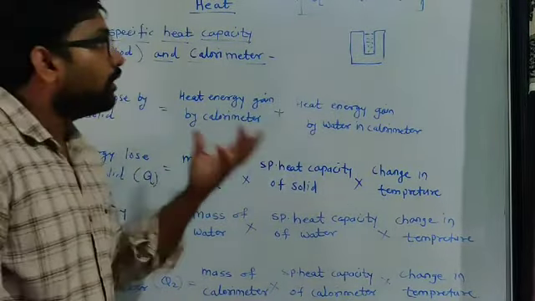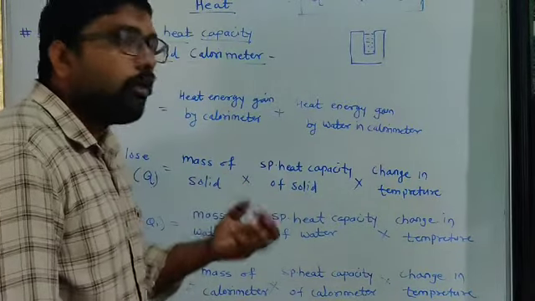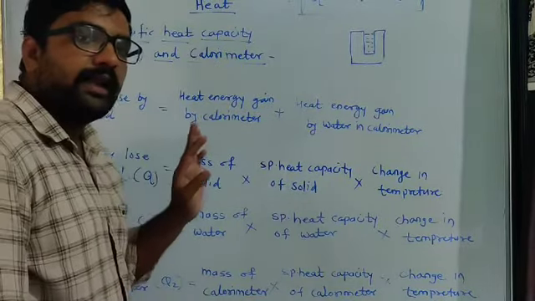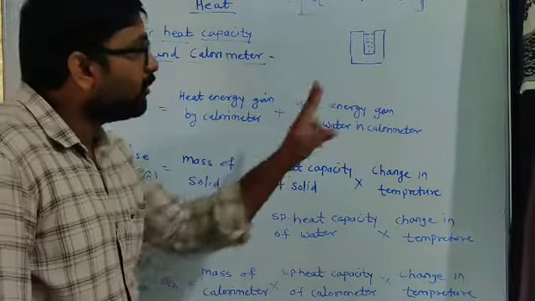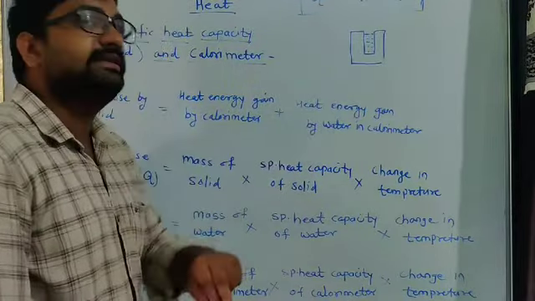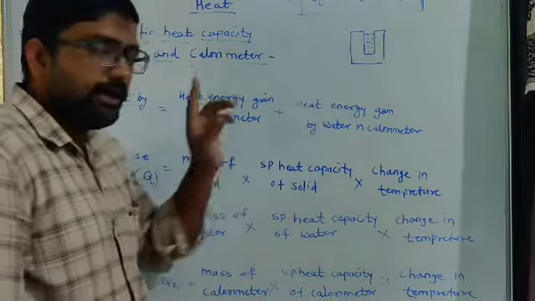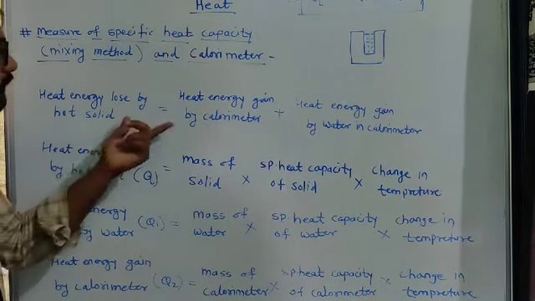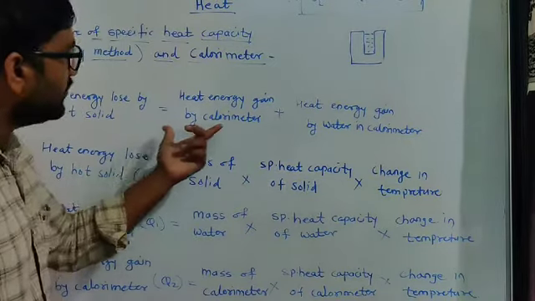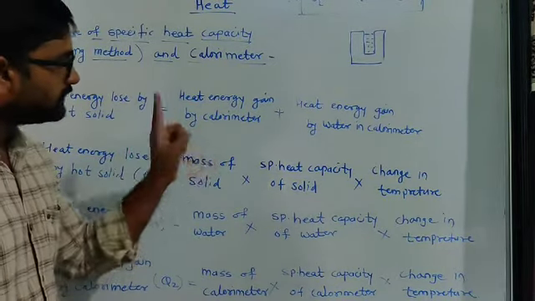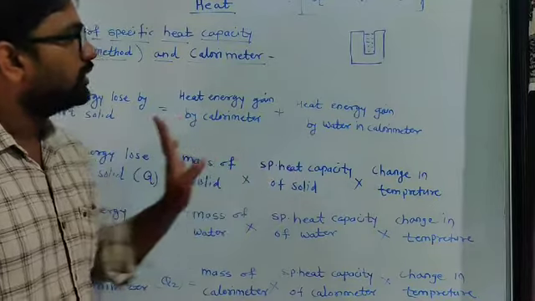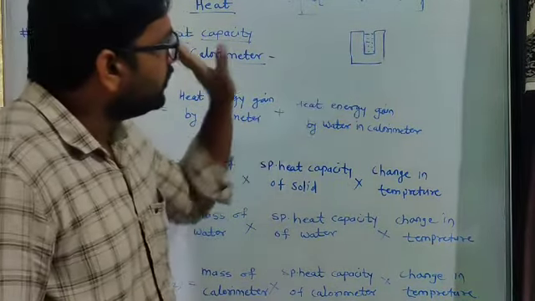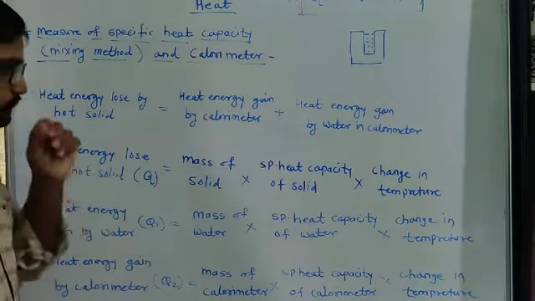So whatever heat is lost by the hot object when we place it in the water of this calorimeter will be gained in two ways: first by this cold water, and second by this calorimeter. So we can say that heat energy lost by the hot solid will be equal to heat energy gained by the calorimeter, that is the first, and heat energy gained by water in the calorimeter.